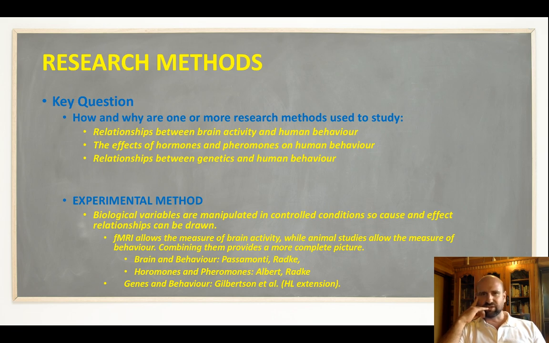They're not considering twin studies or adoption studies to be research methods per se, which I think is just a nuisance and nonsense. So for genes and behavior, I would encourage high level students to use animal experiments, like if they talk about knockout genes and things like that.